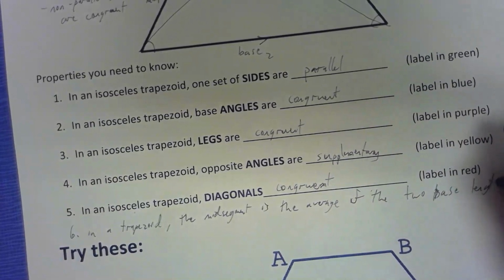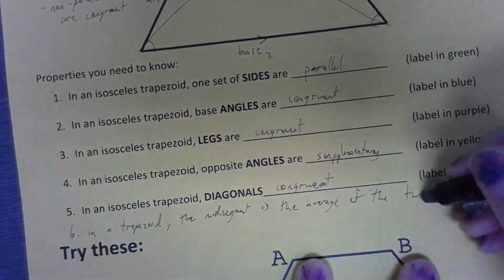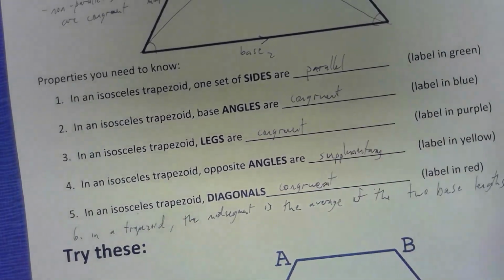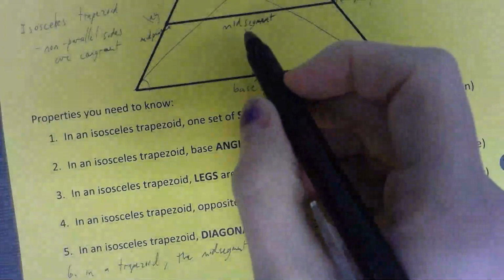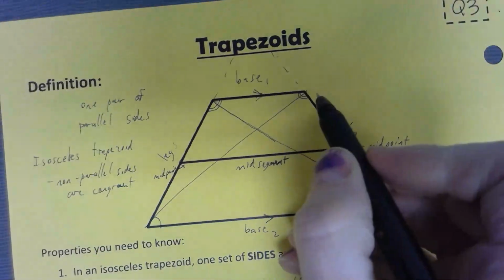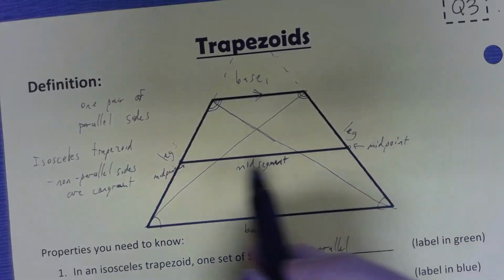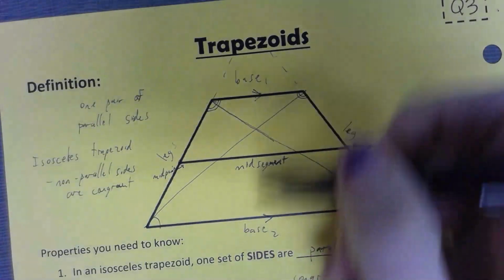The length of the mid-segment is the average of the two base lengths. Which makes sense: if this has some measure and this has some measure, the mid-segment will have the measure that's exactly halfway between them.